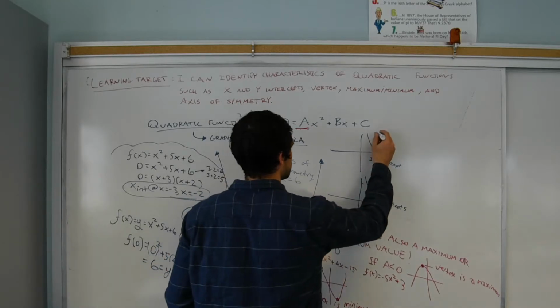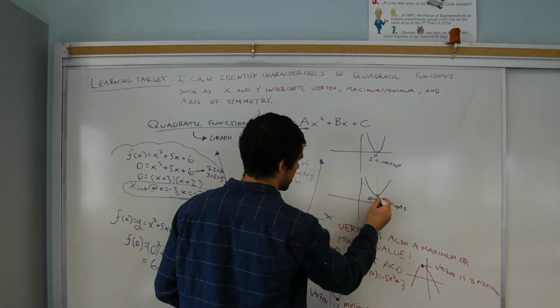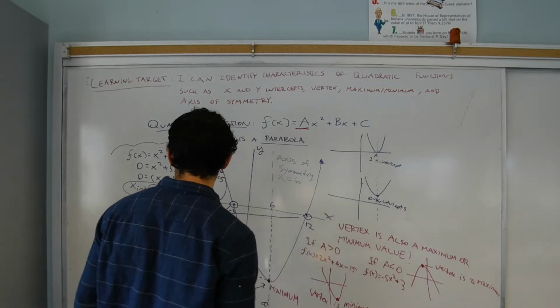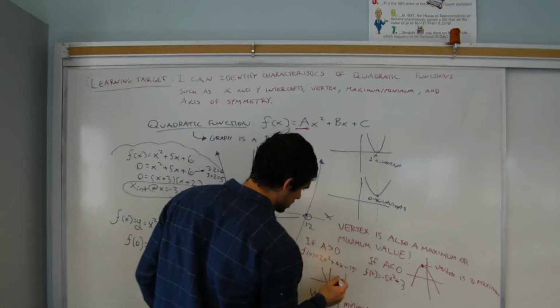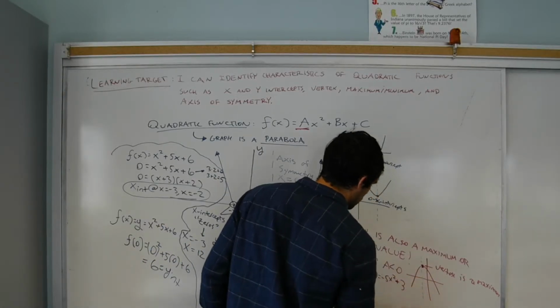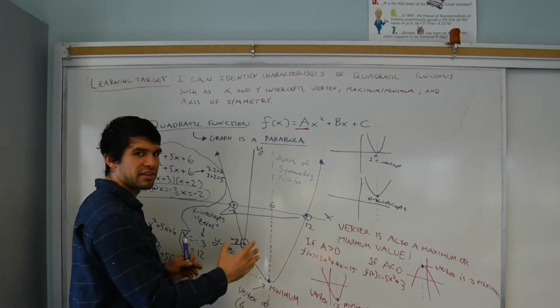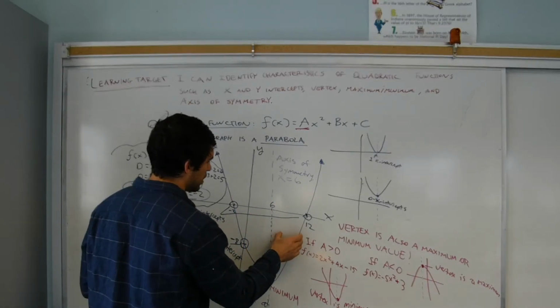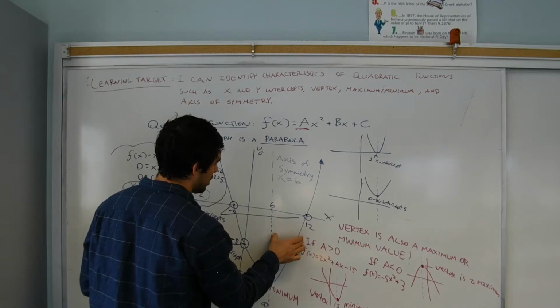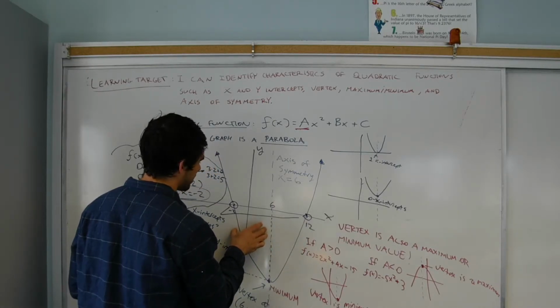In this case, this would be our axis of symmetry, and so on in these two cases. So again, the axis of symmetry, it's kind of the line of reflection, and you see that this side of the parabola is symmetric to this side.